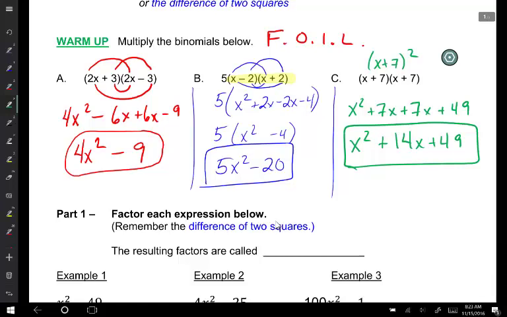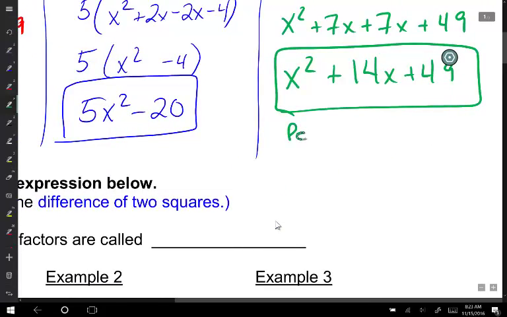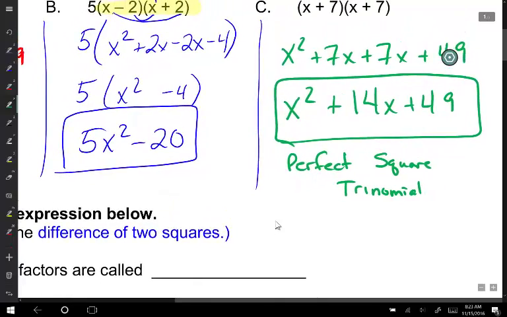I kind of said, hey, it's the two binomials. And this is called a perfect square trinomial. A perfect square, because we got it by squaring something. Trinomial, if you remember, is because it's 3 terms. Nomial. Okay.